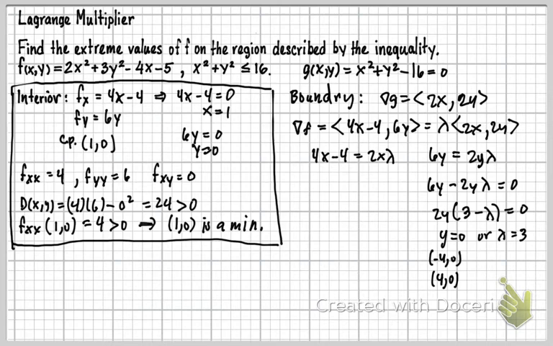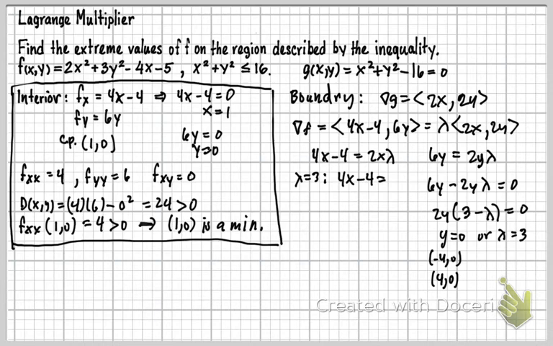So I'm going to get rid of that information. Need the space. And then now I'm going to look at where my lambda is 3. And that's going to be 4x minus 4 equals 6x. Now I'm doing it this way because I don't have an x or a y to plug in my constraint here. So I have to plug it in the other equation to get something I can use for that boundary.